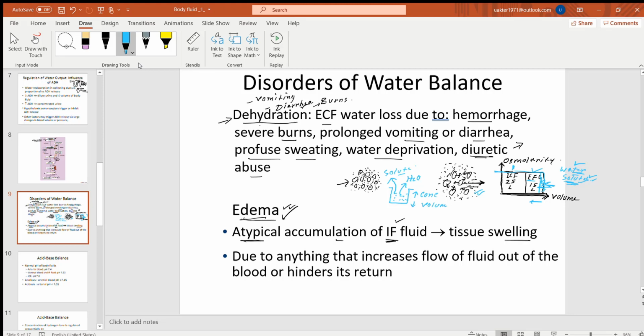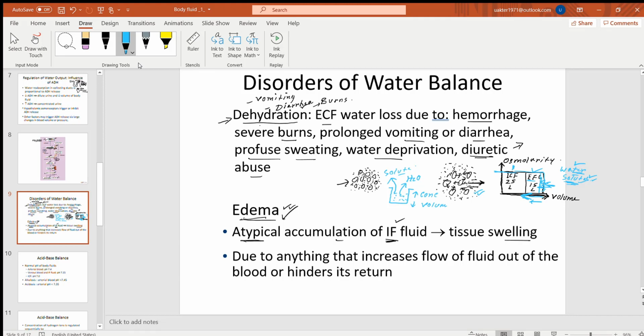Okay, now let's think about another condition. If you get a disease in your posterior pituitary, so less ADH is being released, that will cause diabetes insipidus, right? That means too much urine will be produced. In that case you will lose a lot of water from the body, so the volume will go down. Since you are losing more water but not the solutes, the volume of water will be less in your body fluid, but the amount of solutes stays the same.